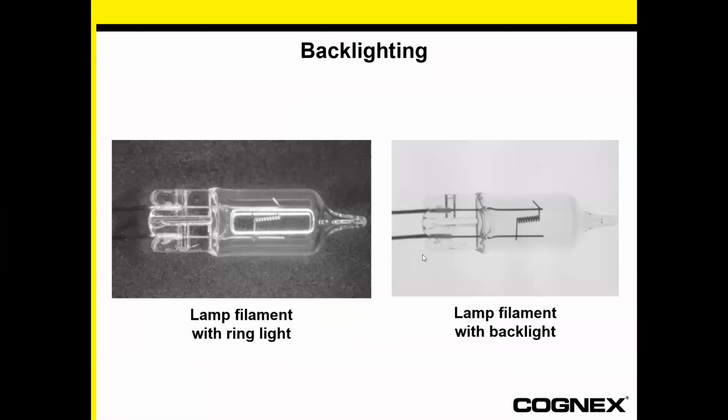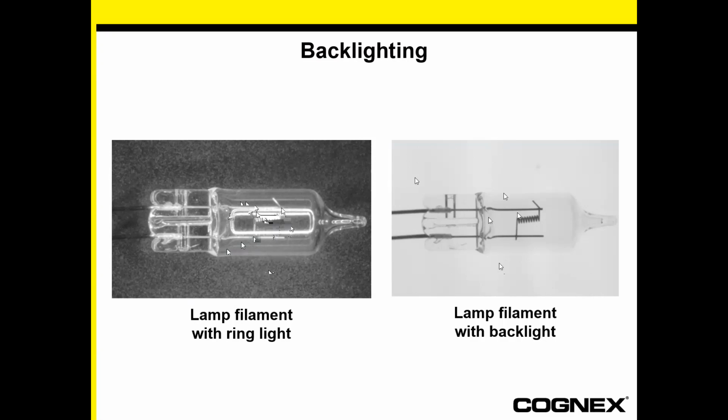Just as a couple of examples to highlight that, on the left we have a lamp filament. Hopefully it's not flipped around for you guys. Sometimes the video is. On the lamp filament, if we're looking at this filament with a ring light built into the camera, you're just going to get a lot of unwanted reflections.